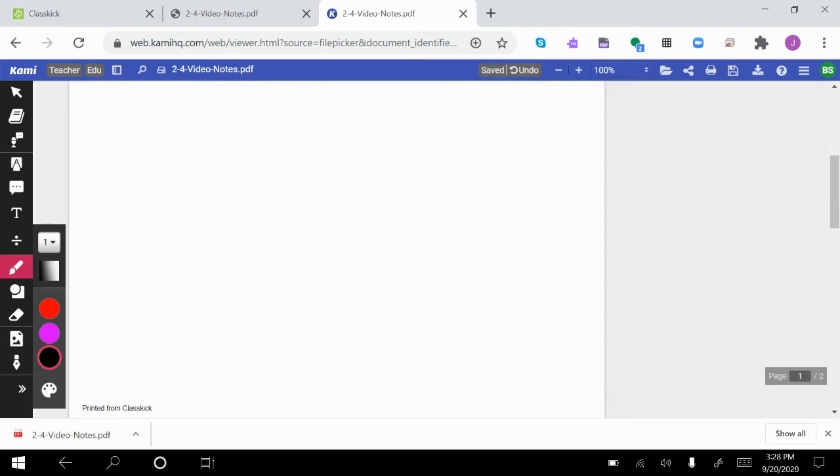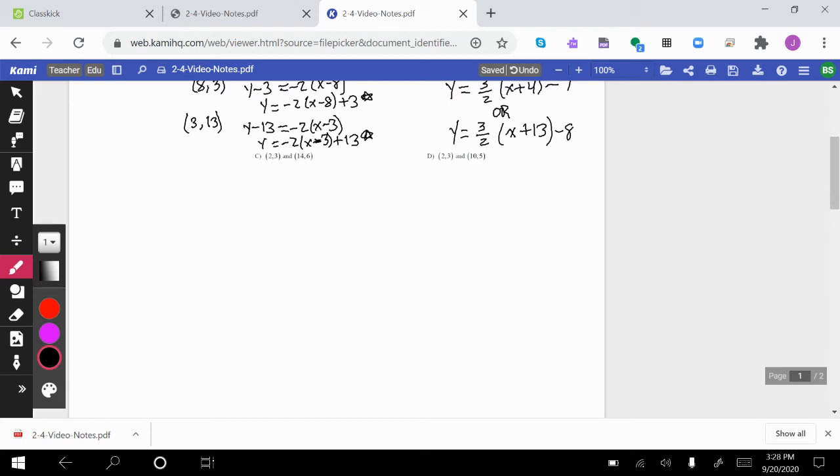Okay, so let's look at example C. Again, we have our ordered pair 2, 3, and 14, 6. So the first thing we need to do is find our slope. So we get m equals 6 minus 3 over 14 minus 2, which simplifies to 3/12, which simplifies to 1 over 4. Okay, and then again, point slope form, y equals, we know our slope is 1/4.